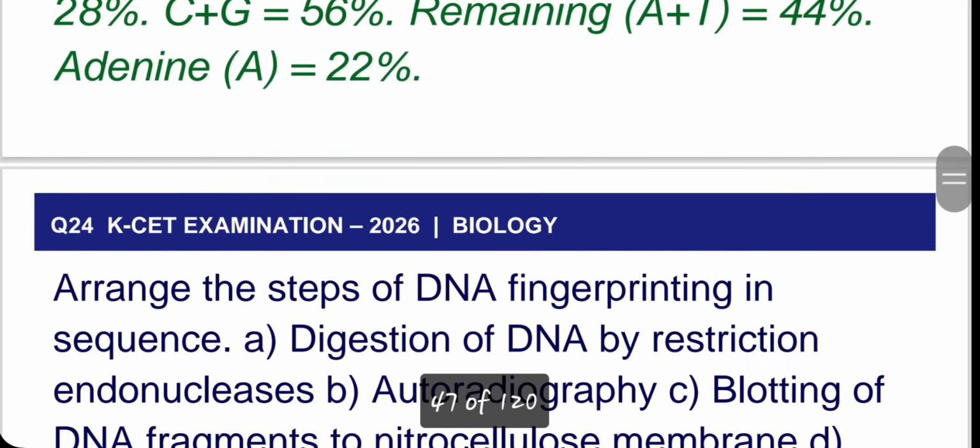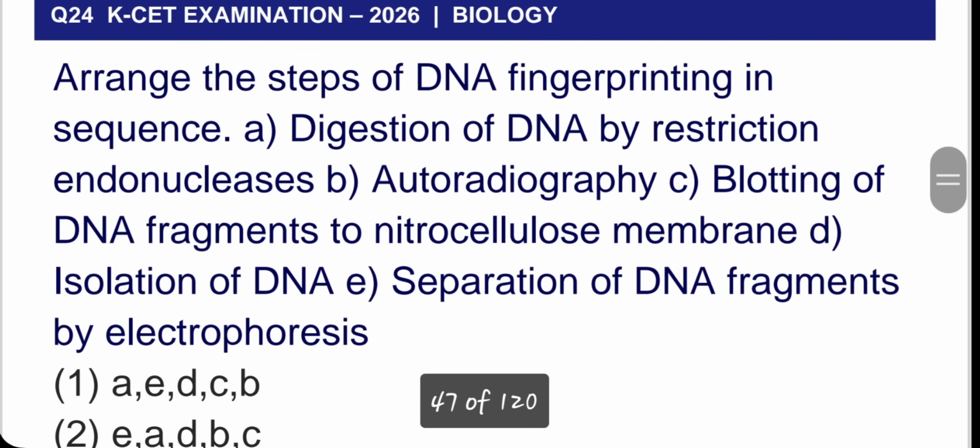equals 22%. Arrange the steps of DNA fingerprinting in sequence. A is digestion of DNA by restriction endonuclease, B is autoradiography, C is blotting of DNA fragments to nitrocellulose membrane, D is isolation of DNA, E is separation of DNA fragments by electrophoresis. Almost a similar question was asked even in NEET.